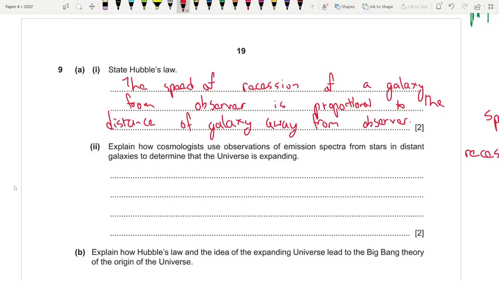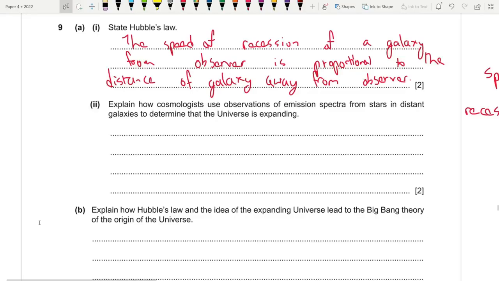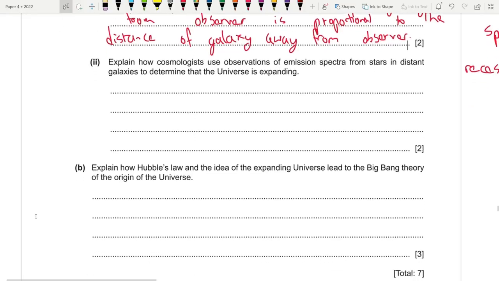Explain how cosmologists use observations of emission spectra from stars and distant galaxies to determine that the universe is expanding. So basically, since there's redshift, the light or emission spectra that we observe from a distant star will have a wavelength greater than the actual one. The observed wavelength will be greater than the expected one.